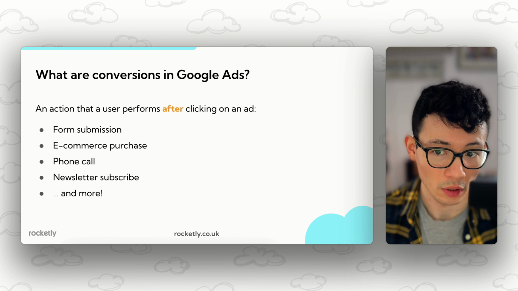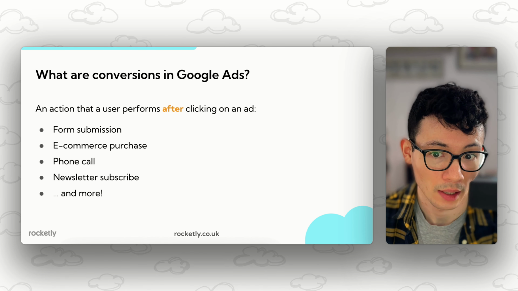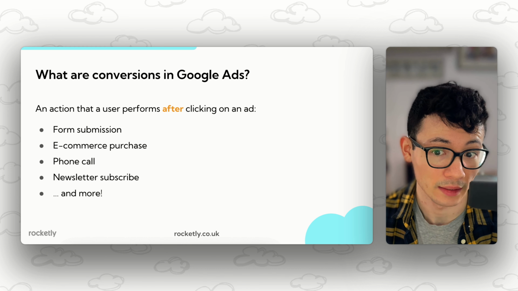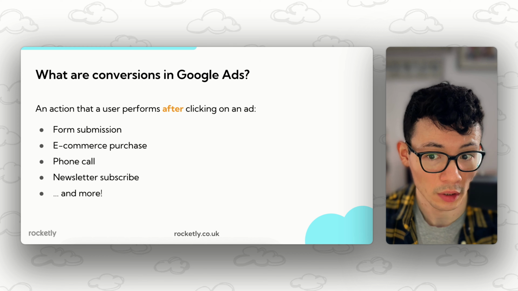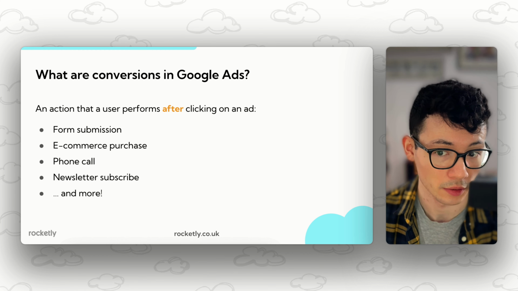Conversions are considered actions that happen after an ad is clicked. So someone sees your ads, for example on Google search, they click on an ad and then get sent to your landing page.